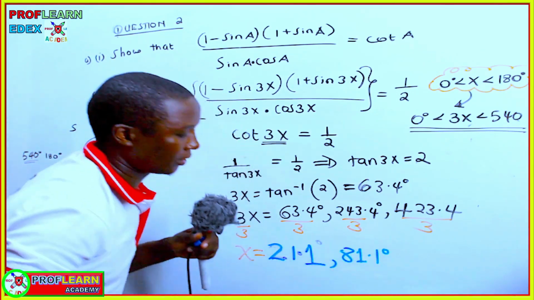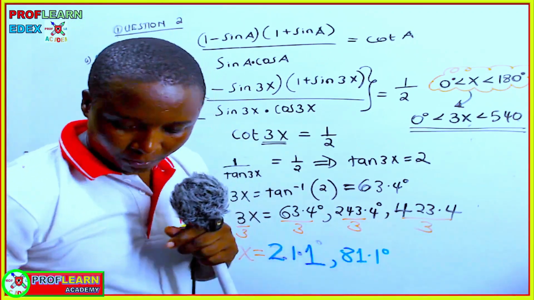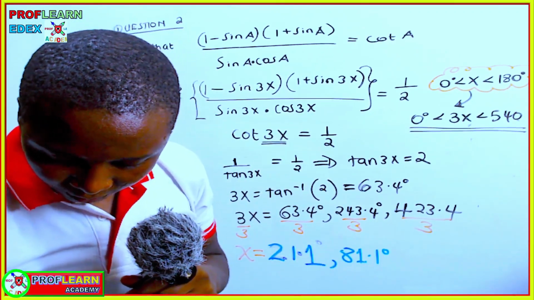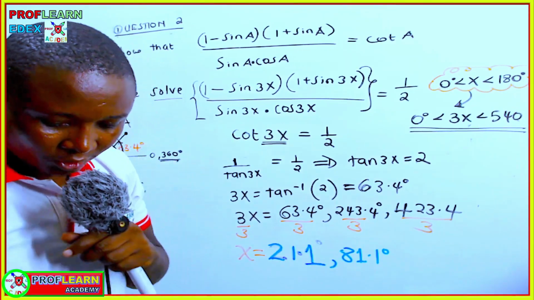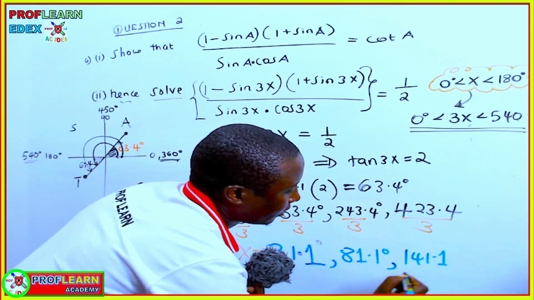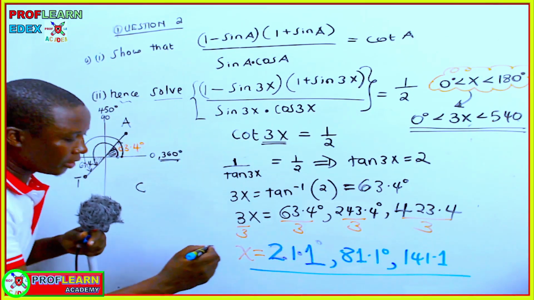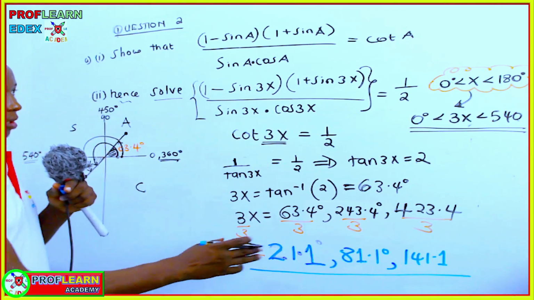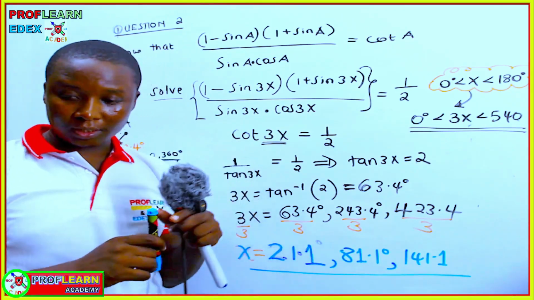Lastly, we have 423.4 divided by 3, which becomes 141.1 degrees. So the values of x are those values that we have obtained.